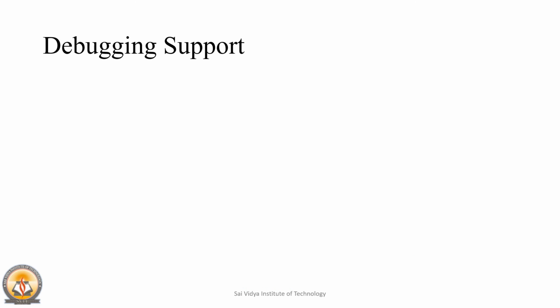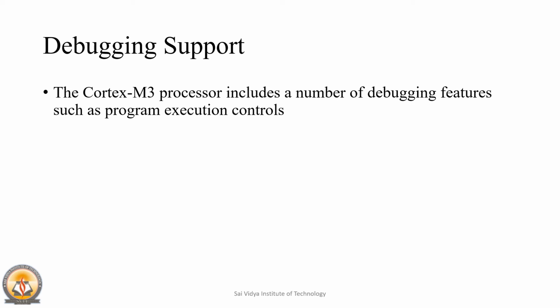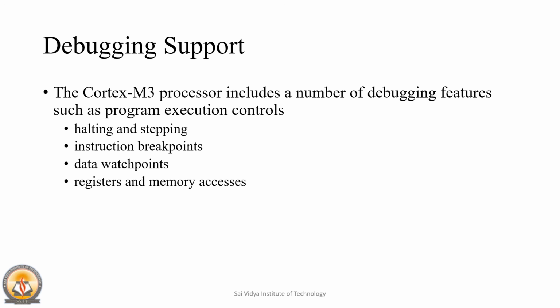The next concept is the debugging support. The Cortex-M3 processor includes a number of debugging features such as the program execution controls, including the halting and stepping, instruction breakpoints, data watchpoints, registers and memory accesses, profiling and tracing.